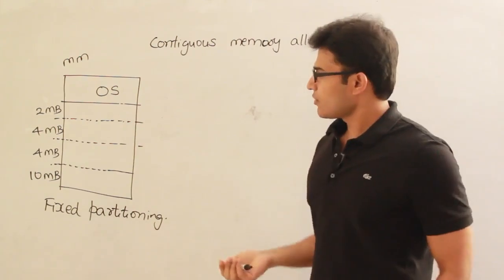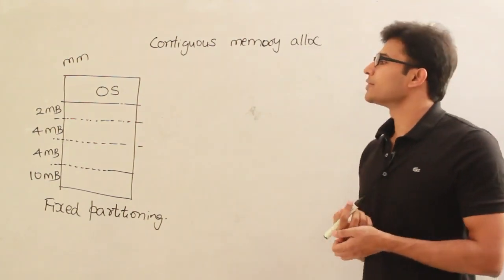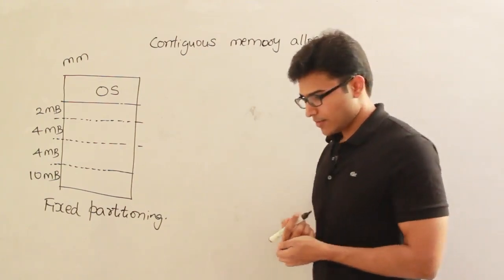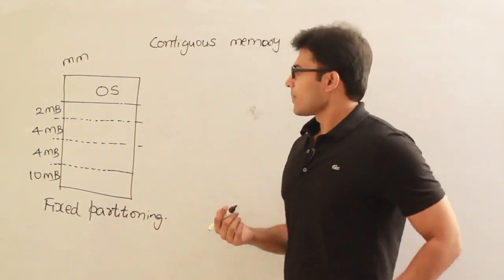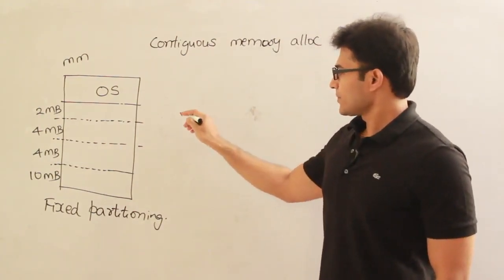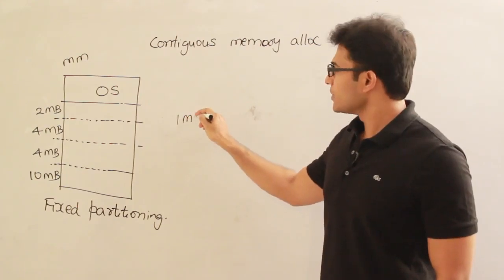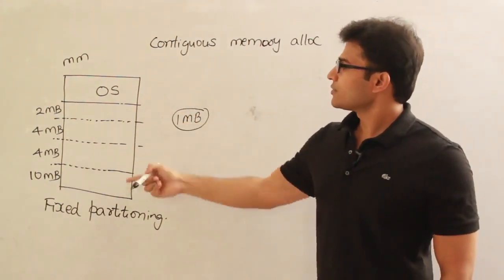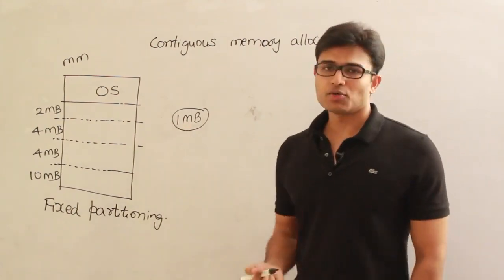Using such an architecture, there are a few problems. One problem is called internal fragmentation. Let's say one process has come and its size is 1 MB, right? What is the smallest partition that you could assign?